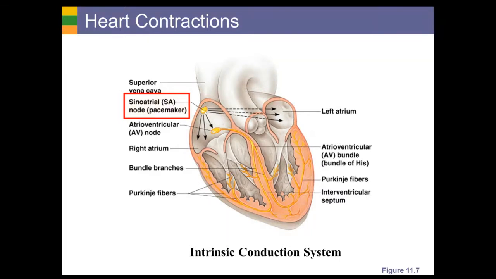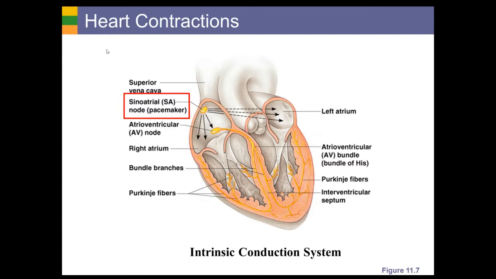As the action potential spreads to the atrioventricular node, which is right here, sort of between the atria and the ventricles, it pauses, right? There's resistance to further conduction. Why is that important? Well, we need the atria to have time to empty of their blood.